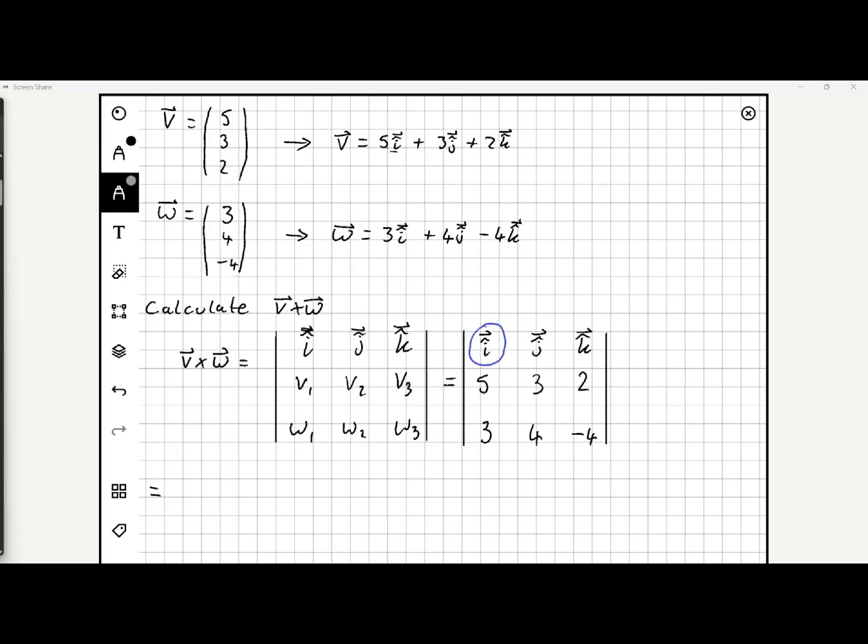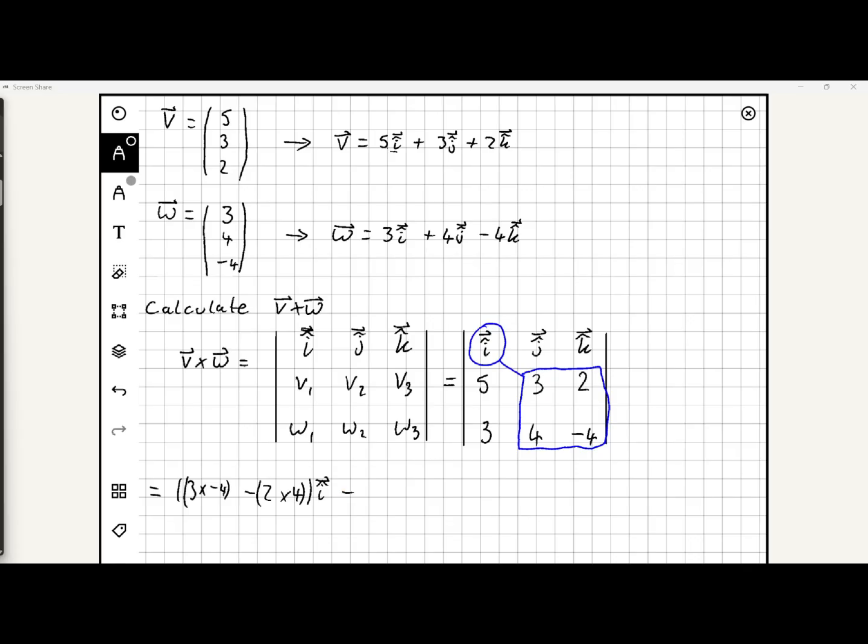First we use the first element and then do a block matrix of the bottom right elements. So we have the determinant of 3 times -4, put that in the little bracket, minus 2 times 4, sorry for all the brackets, and then all of that times i.